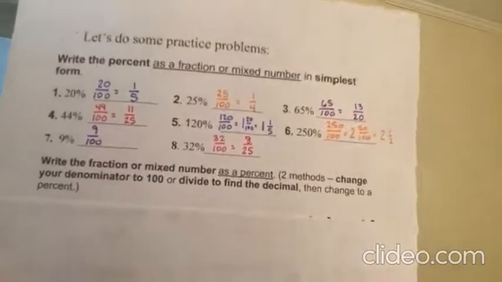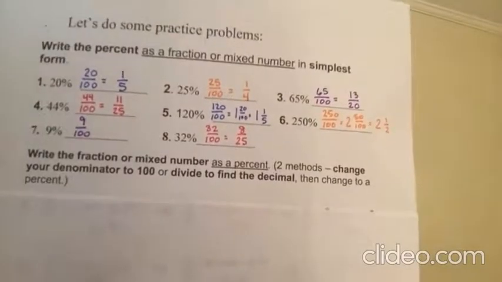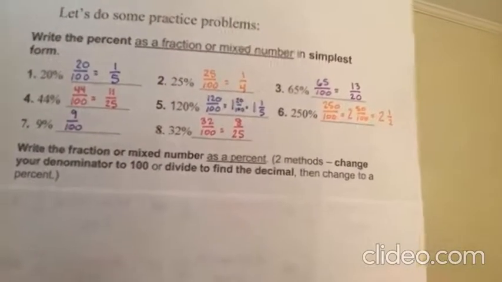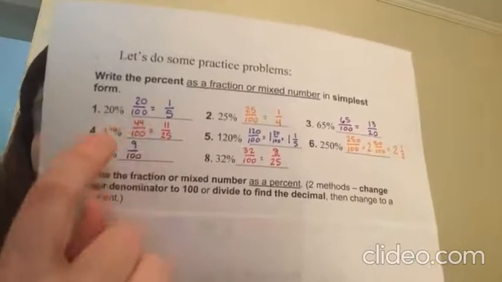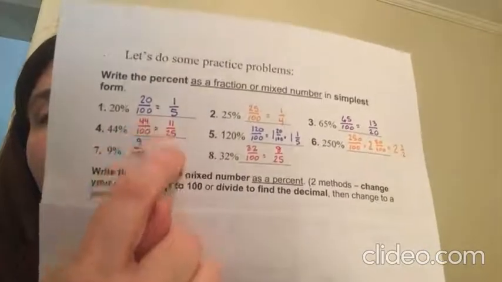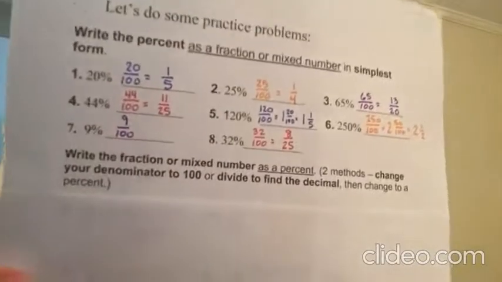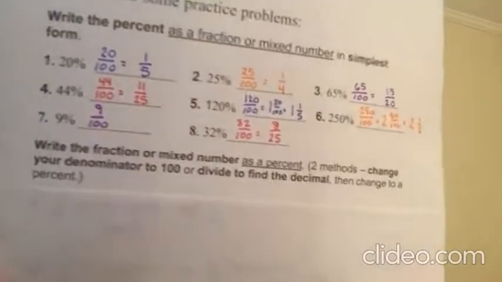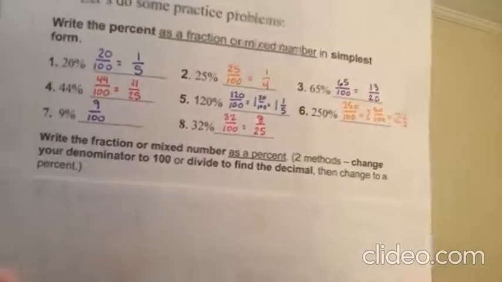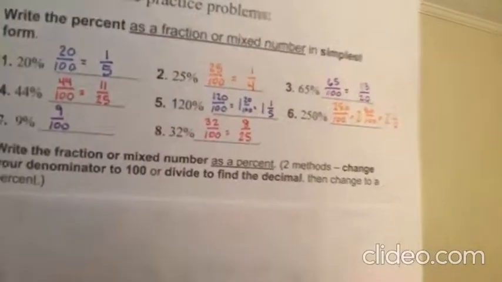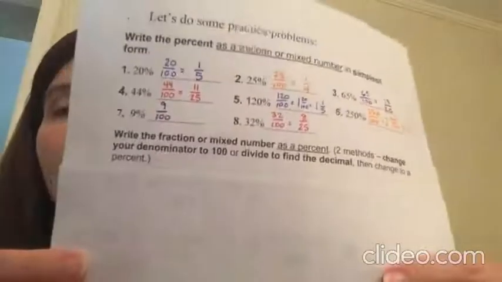All right. Write the fraction or mixed number as a percent. So instead of going this direction from the percent to the fraction, now we're going to go from the fraction to the percent. It says 2 methods. Remember, 2 methods. Make your denominator 100 or divide the decimals, then change to a percent.